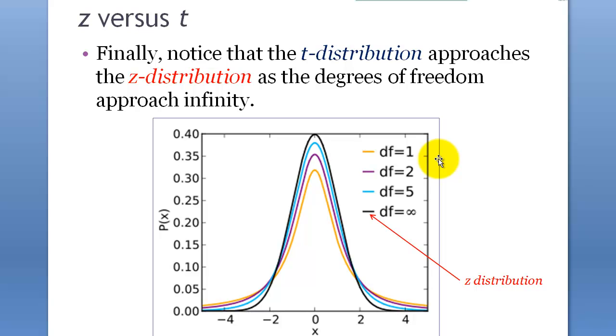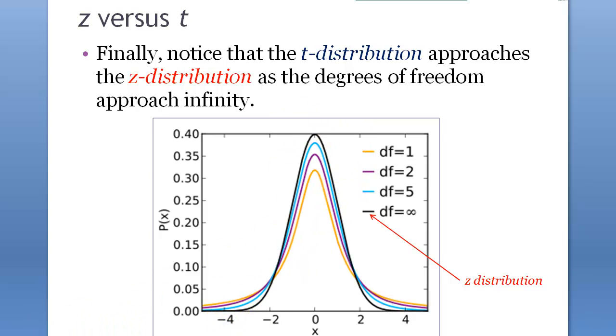So now you're talking about the population, not the sample. So the shape is gonna be a z shape, z distribution shape. If the degrees of freedom approaches infinity, then it's the same as the population parameter. So it's gonna be a z.